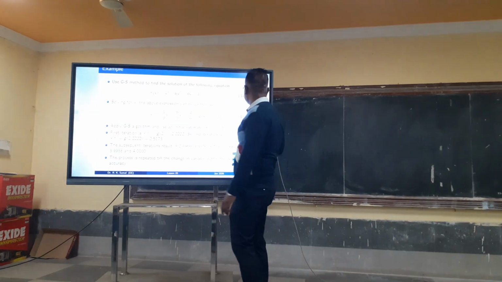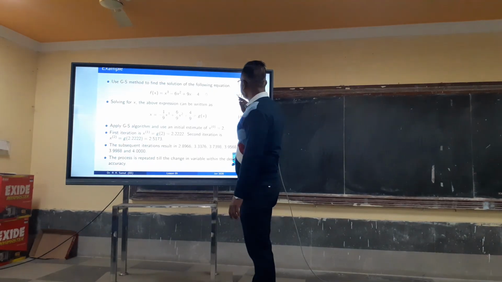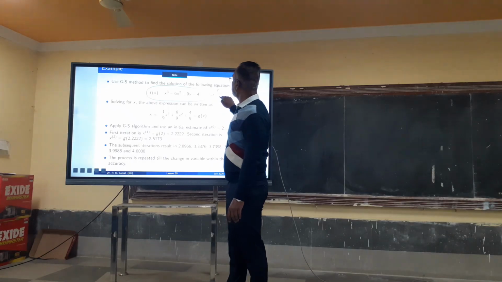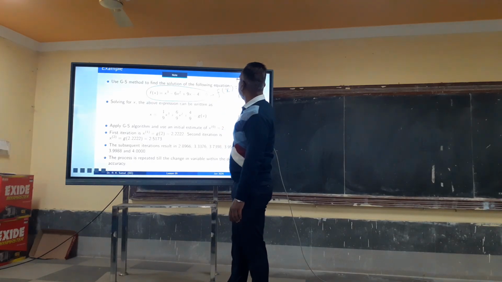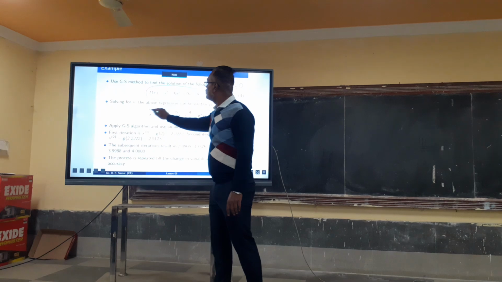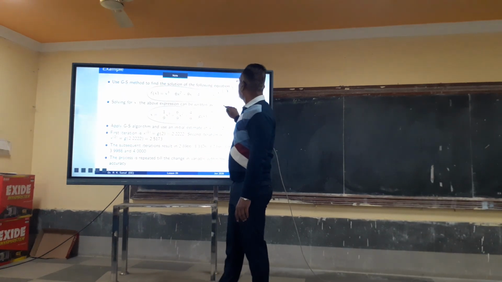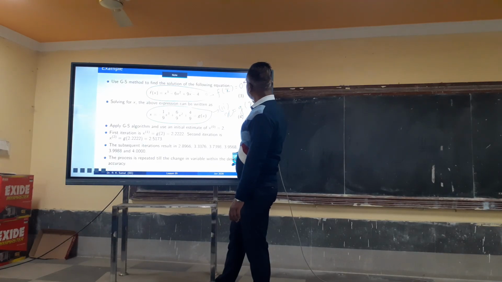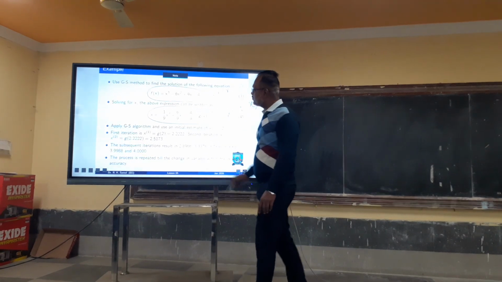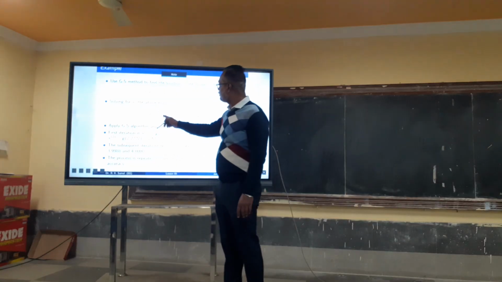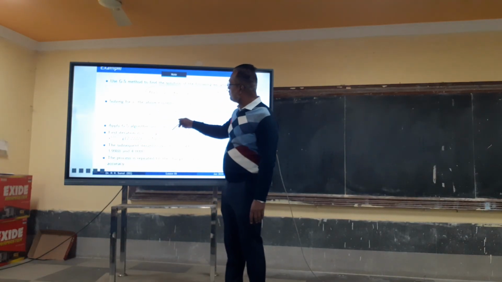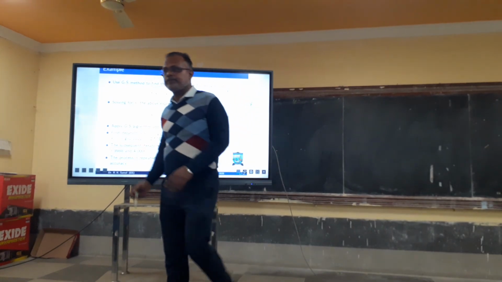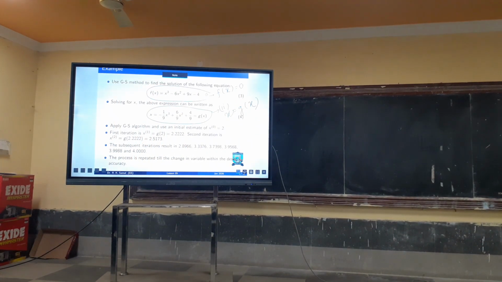Now, the first step was writing one equation f(x) = 0. So this is the equation, this is 1. This equation is actually part of step 1, where you have written the equation in the form of f(x) = 0. And this is 2, where you have written the equation in terms of x = g(x), another function, where g(x) is equal to minus 1 by 9 x cube plus 6 by 9 x square plus 4 by 9.